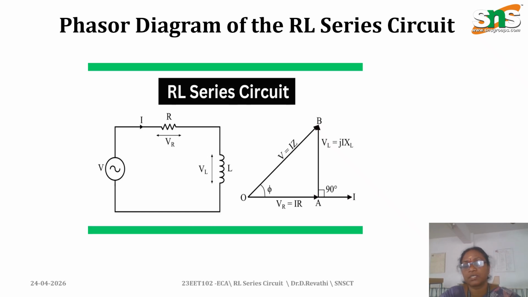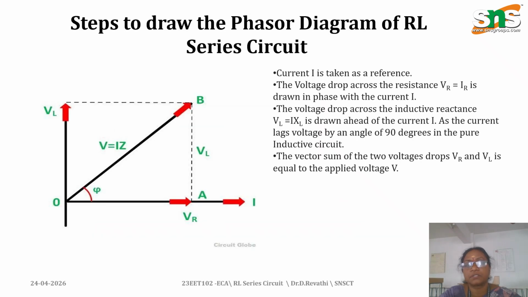Connecting these two, we get the total voltage. In the RL series circuit, we consider the current as the reference, VR is in phase, and VL is at 90 degrees, and adding these two values gives I into Z, which we call V.